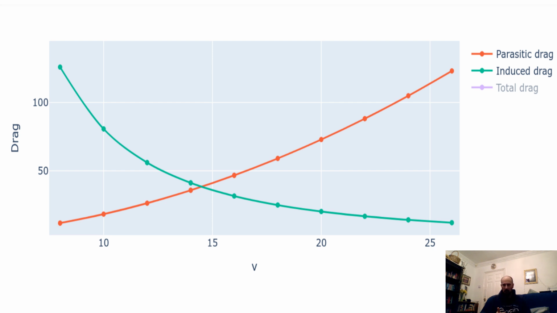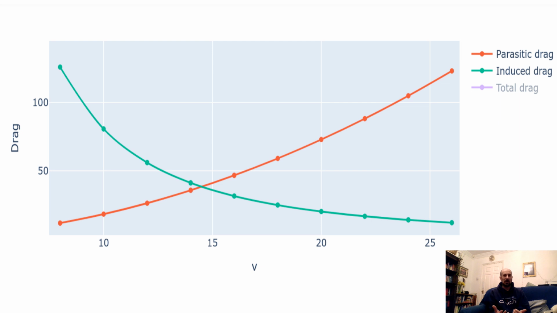I'll go into it in more detail in a moment, but for now, just think of it as how hard the wing is having to work. If you're flying slowly, the wing is having to work the air hard to stay in the air. This is all to do with what I was saying earlier, that the amount of lift you generate is non-negotiable. So if you're flying more slowly, you're flying at a higher angle of attack, you're working the air harder, and by working the air harder, you're generating more drag.